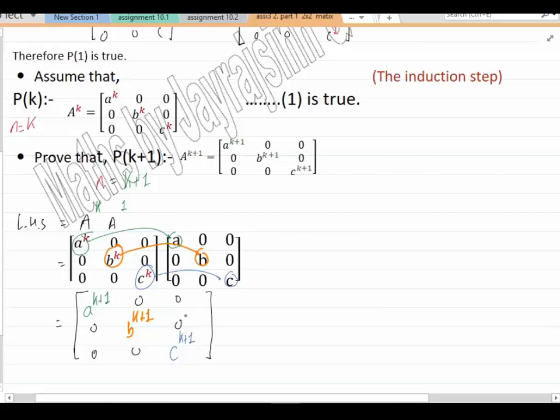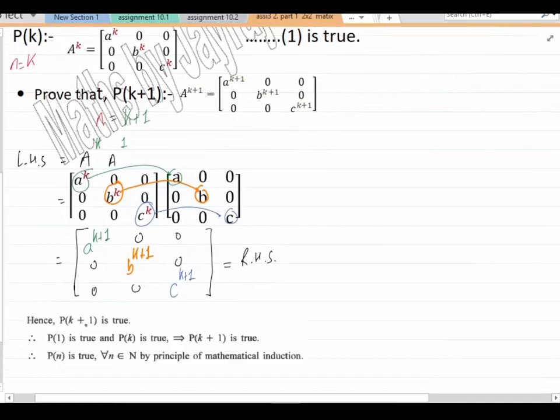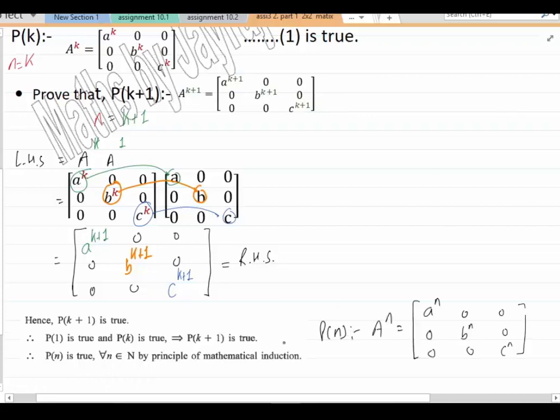Okay, so tada, as you can see, this is the right hand side what we want. So we can proudly say that we satisfied all the conditions of PMI. Therefore our P of n, which is A raised to n is equal to small a raised to n, 0, 0, 0, b raised to n, 0, 0, 0, c raised to n, is true. Ta-da!